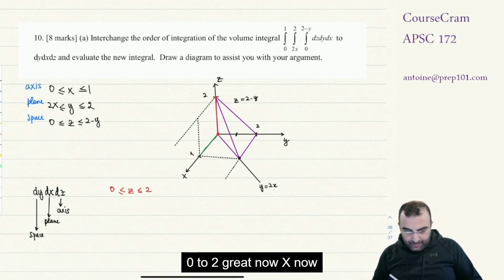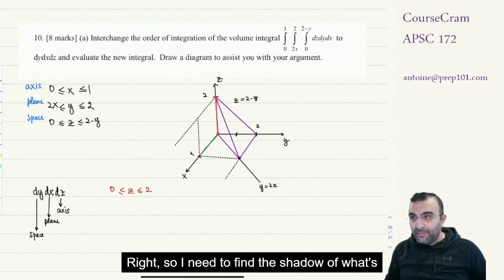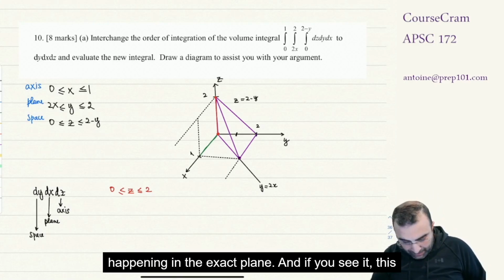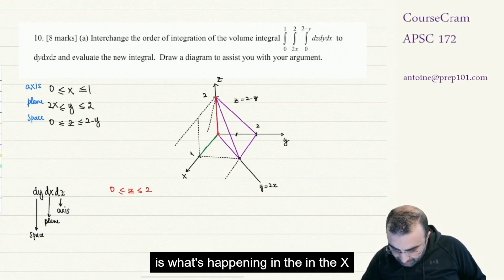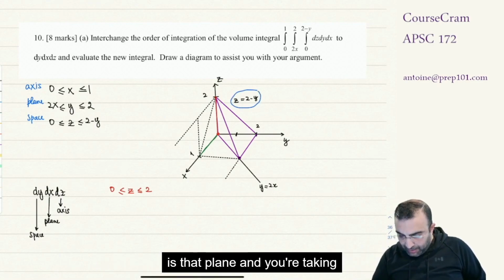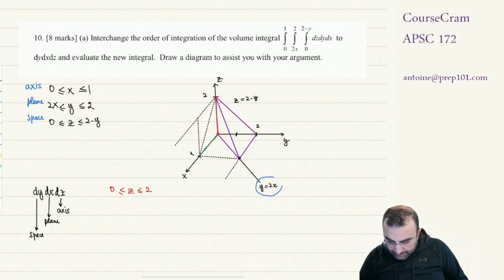Great. Now x. Now we're looking in the xz plane. So I need to find the shadow of what's happening in the xz plane. You're taking z equals 2 minus y, which is that plane, and you're taking y equals 2x.